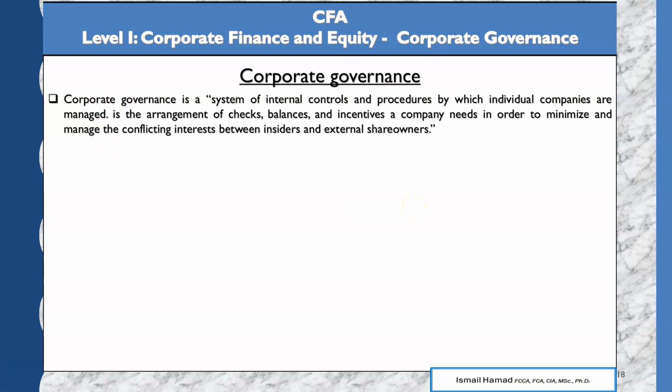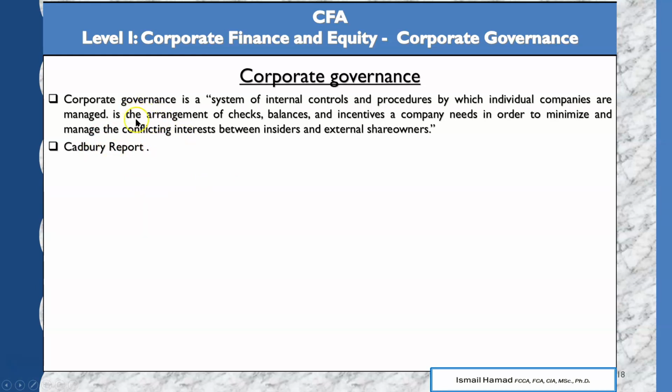We have so many regulations that have been issued to regulate the behavior of managers. The first one is the Cadbury report. Cadbury is the name of a lord in the United Kingdom, who was the chair of the committee that was established to prepare the report.